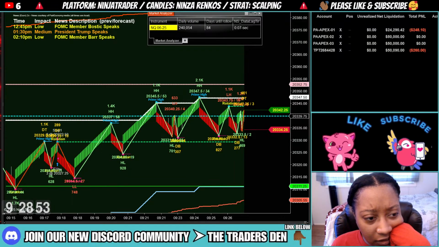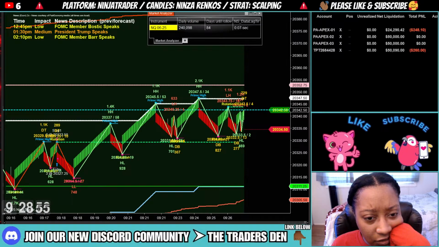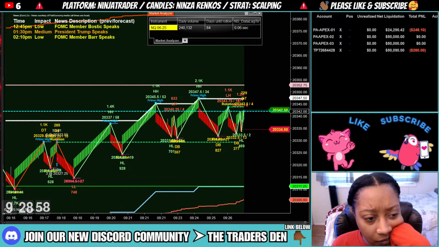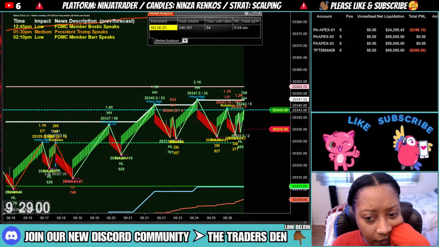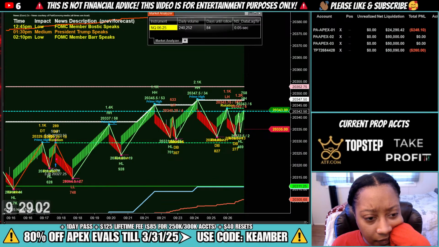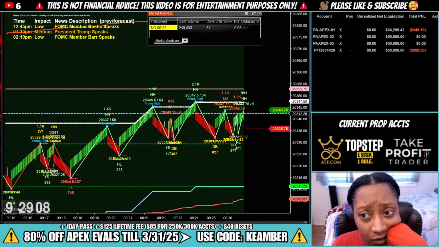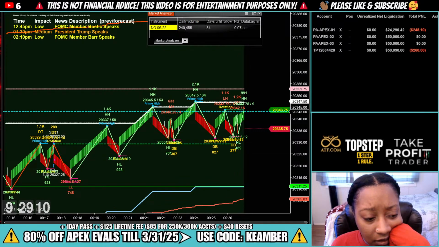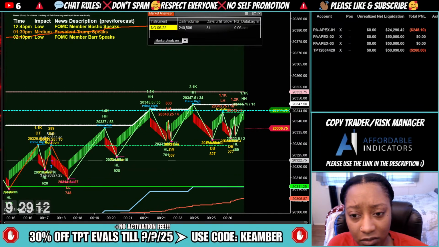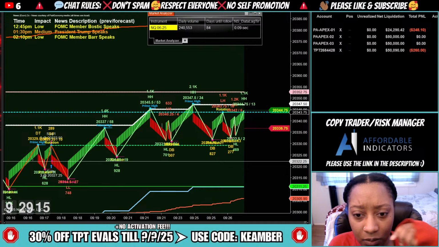I feel like Tradovate doesn't ever really show that you're in a trade that you're not in. So I guess I can rely on the orders tab.